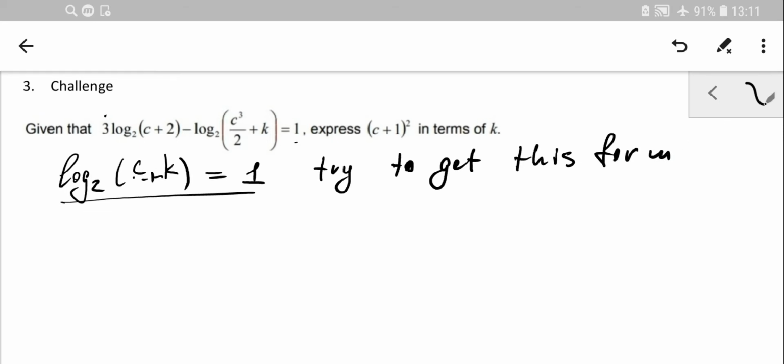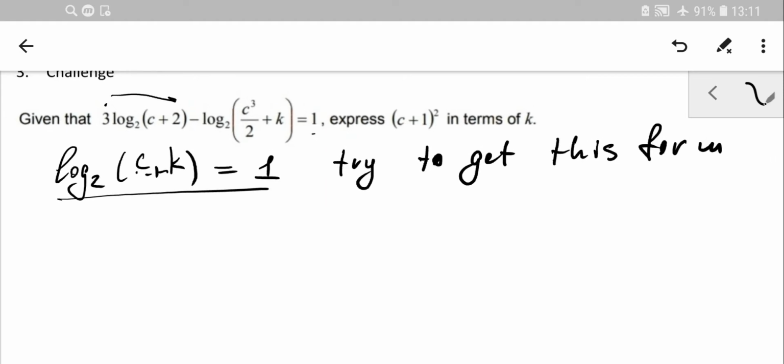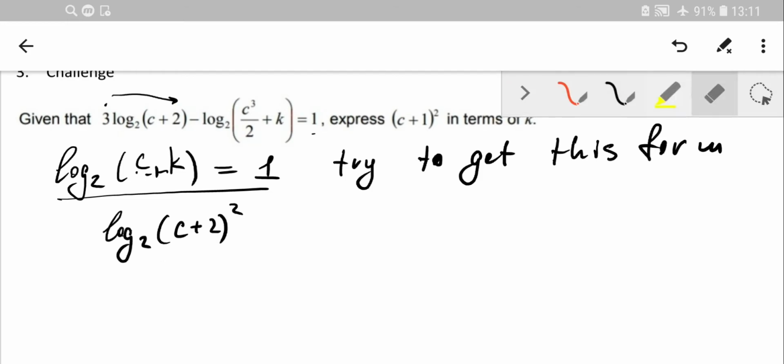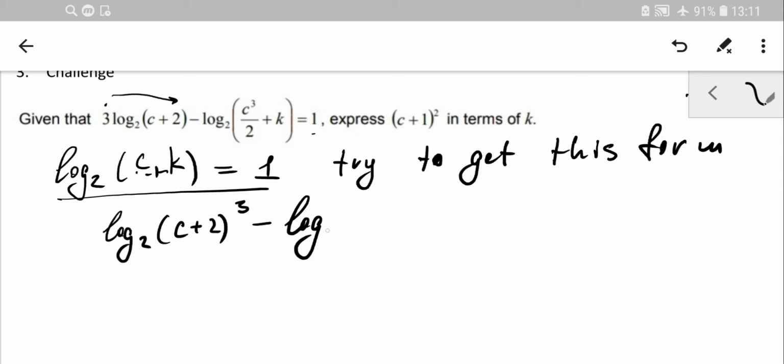We'll take 3 and lift it up as the power. So we'll get log 2 of c plus 2, the whole expression, to the power of 3, and then we subtract log 2 of another expression, c cubed over 2 plus k, so we'll have still 1.